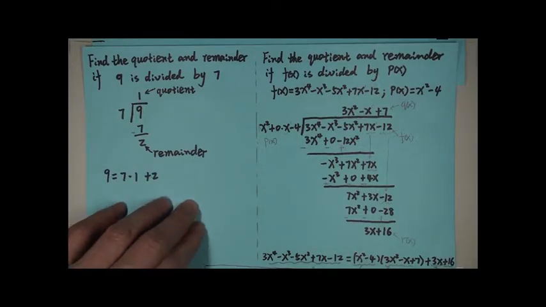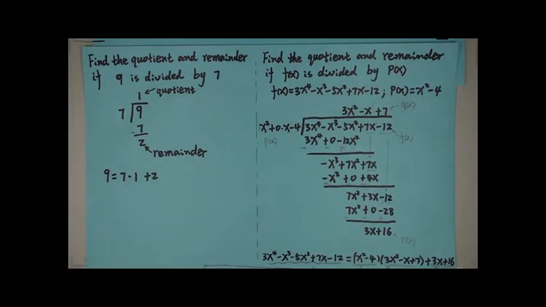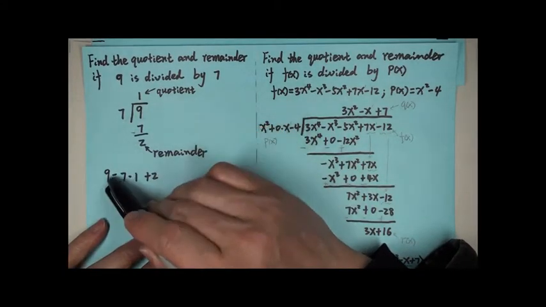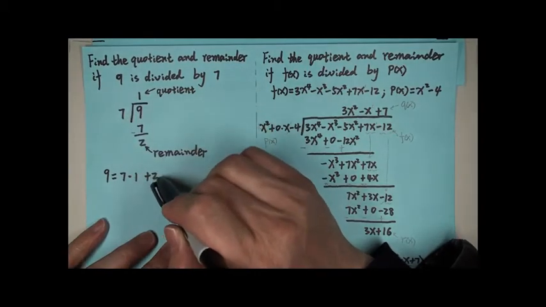After we get this far, it's like what we did here: 9 equals 7 times 1 plus 2.